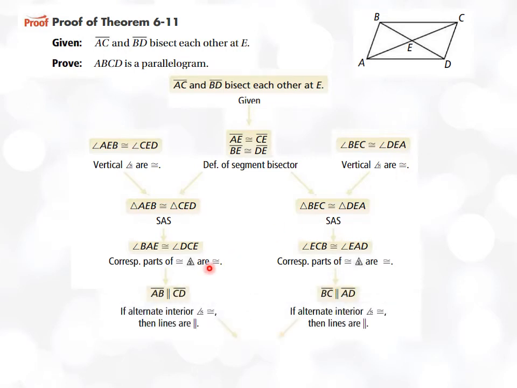So we can say segment AB is parallel to segment CD and BC is parallel to AD. The reason: if alternate interior angles are congruent, then lines are parallel. So we can conclude ABCD is a parallelogram, because by the definition of parallelogram, opposite sides are parallel, they are equal, we can say they are congruent. This is a parallelogram.